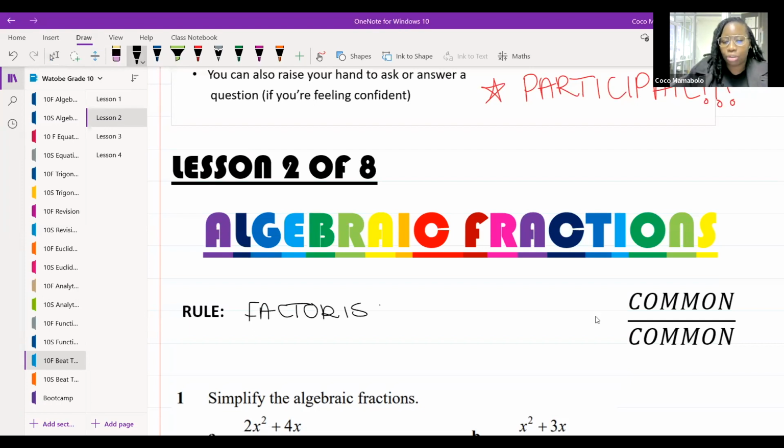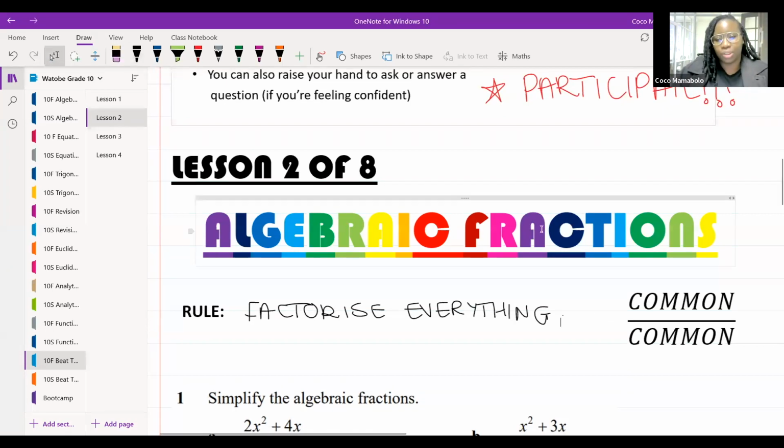I don't know if Teacher Coco saw this one coming, by making us factorize all of these things that we've been factorizing, but the number 1 rule for algebraic fractions is to factorize everything. And once we're done factorizing everything, then we can cancel what's common on the top and what's common on the bottom. They get to cancel each other. So we'll take what's on the top and on the bottom, cancel.